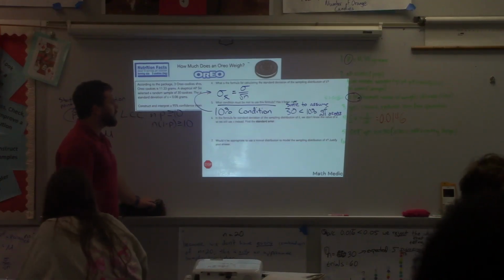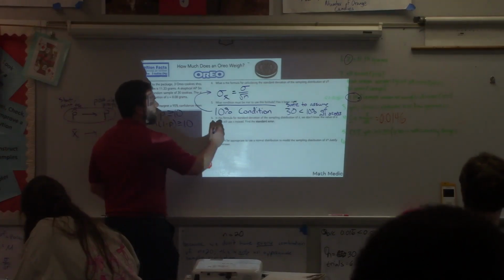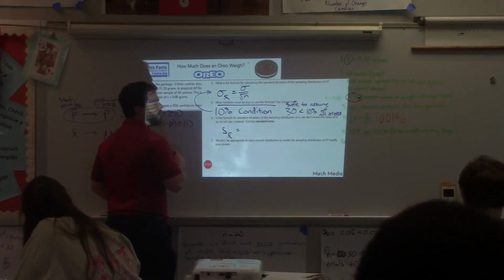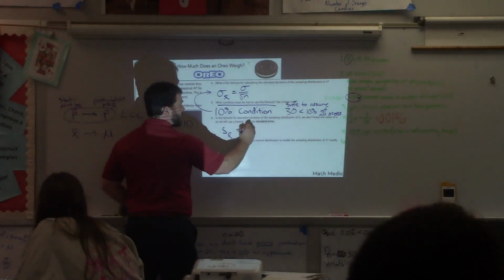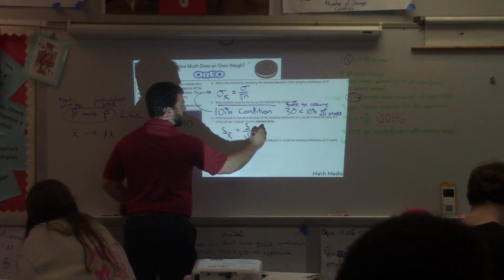Number 6, the formula for standard deviation: we don't know the value of sigma, so we will use S instead. So we don't know sigma sub x bar, we know S sub x bar, which is S divided by the square root of n.